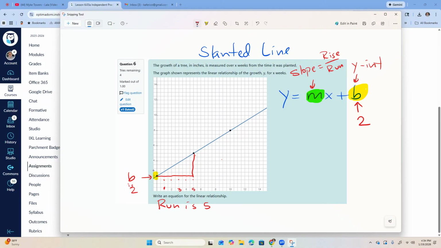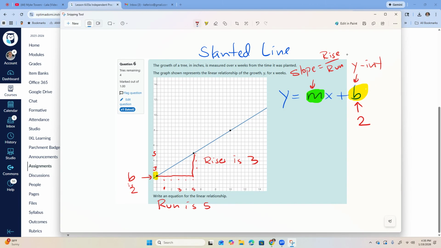Okay, and then my rise, this will be 1, 2, and it seems this is 5 here. See, the middle between 4 and 6 is 5. So it will be 1, 2, and 3. So I went 3 up. So my rise is 3. Okay, let me make sure I count it right. 1, 2, 3. Yeah, 3.